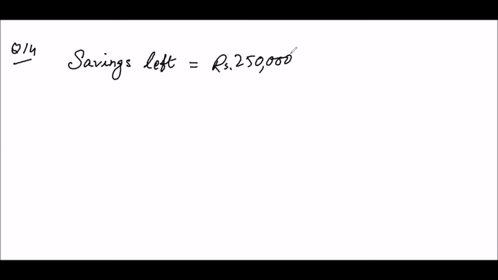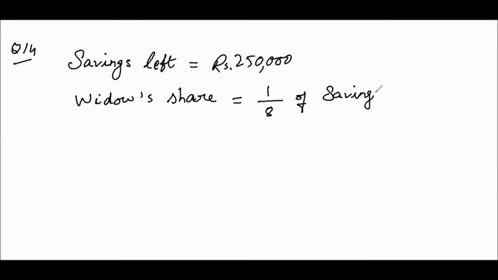जब एक आदमी फौत हो गया, उसने अपने पीछे 2,50,000 रुपए छोड़ दिए, उसकी जो बचत थी, savings. First of all, the share will go to his wife or widow. Now the widow's share is 1 by 8 of the amount of the saving. Now 1 by 8, instead you will write the sign of multiplication, and savings is 250,000.